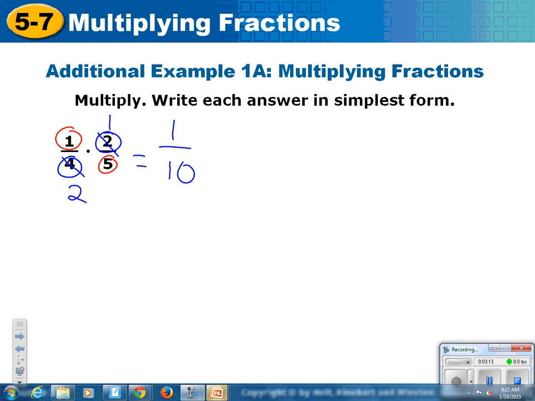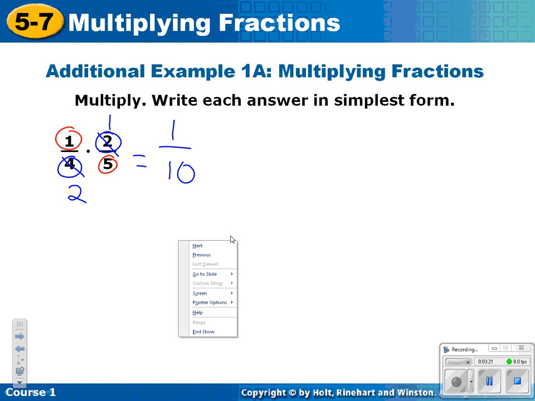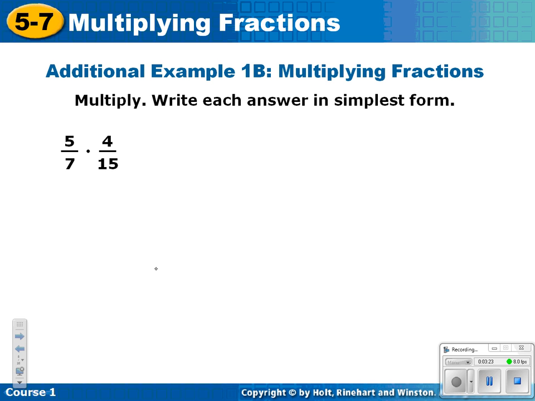Now, again, some of you are like, well, I'll just reduce at the end. I don't really need to do this. Well, what happens when you have a problem that's just slightly bigger, like this one? We could do it the way I originally showed you. You could go 5 times 4, which is 20, and then 7 times 15.